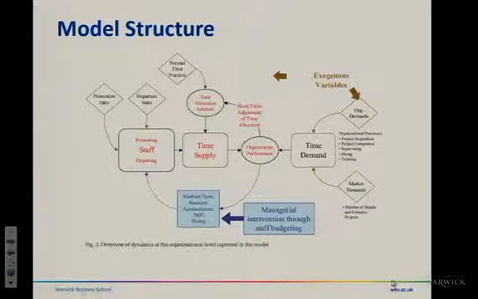That's the time demand. So what is the time supply? The time supply is determined by the number of staff that you have, and that staff provides a certain number of hours, based on a certain proportion of their time employed to do those tasks. So the number of staff with certain time gives you a time supply.